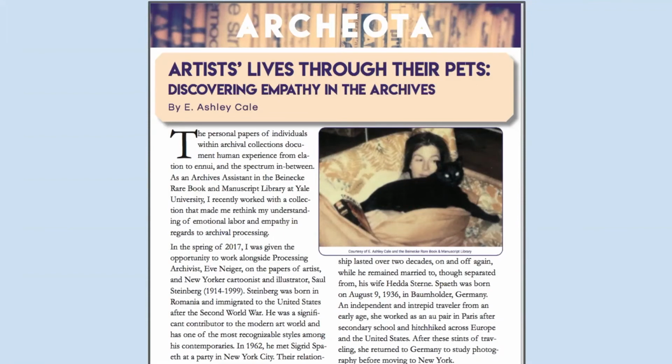And this is a story that she encountered of someone who was involved with this man, but as a peripheral person, someone's story that you wouldn't necessarily know. And Ashley found a personal connection with Spaeth and her cat, and all of her anguish that was expressed in her diaries and other materials.